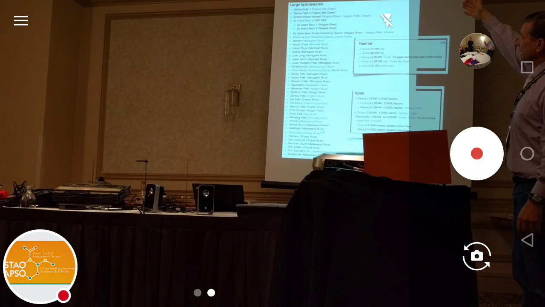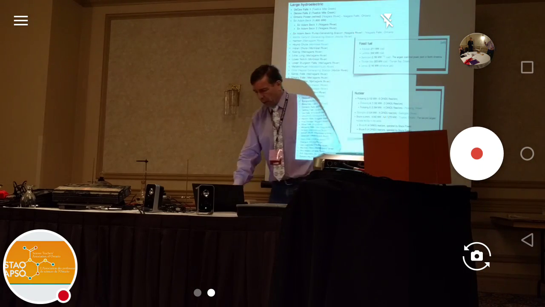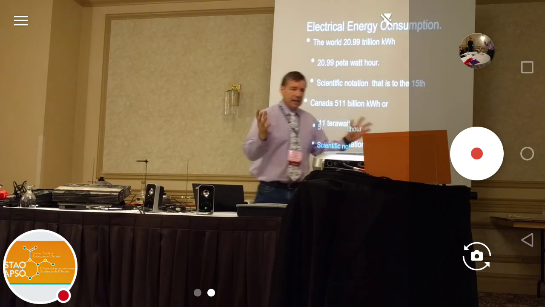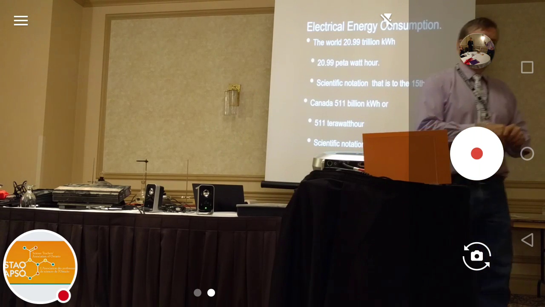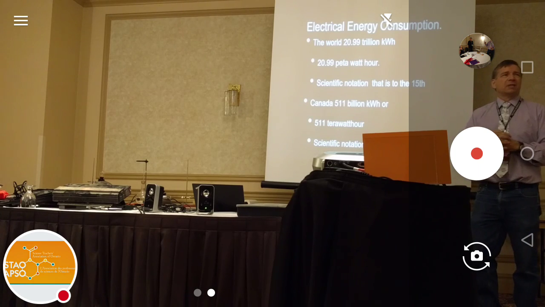So you've got large hydroelectric plants. I'm going to show you a diagram soon about just what they're like in Canada, where they are, and what kind of power they're producing. But here is energy consumption worldwide. I looked at that and thought, boy, this is kind of weird.